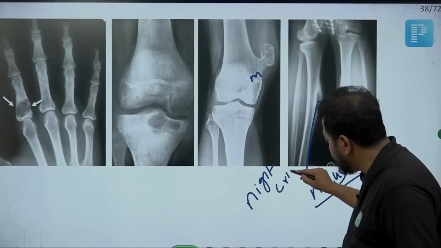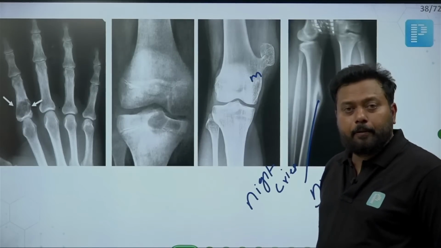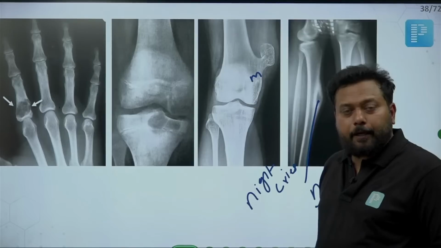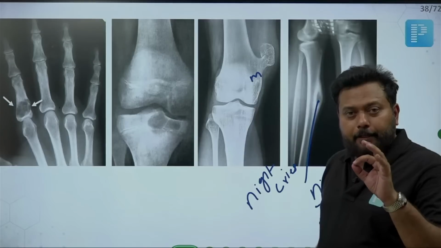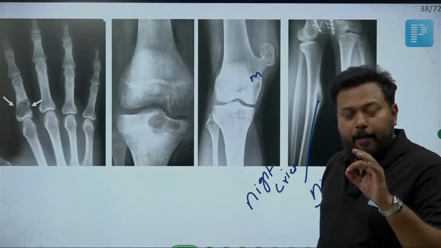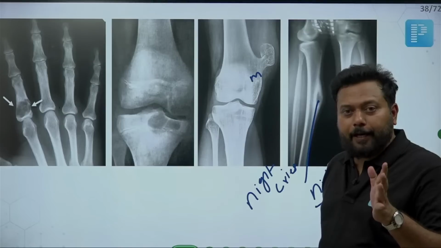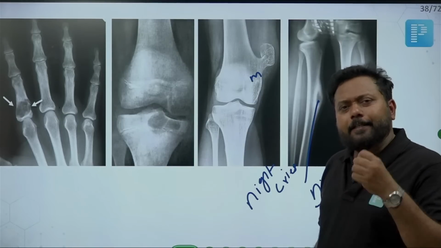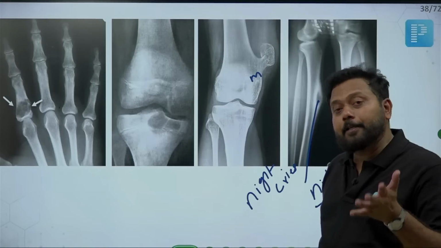The patient will go to bed, be in deep sleep, and suddenly be disturbed by pain. The nidus is a seed-like thing inside the osteolytic lesion. It secretes prostaglandins, causing severe pain at night. It disturbs the patient's sleep, and he will cry out in pain, mostly in the early morning.